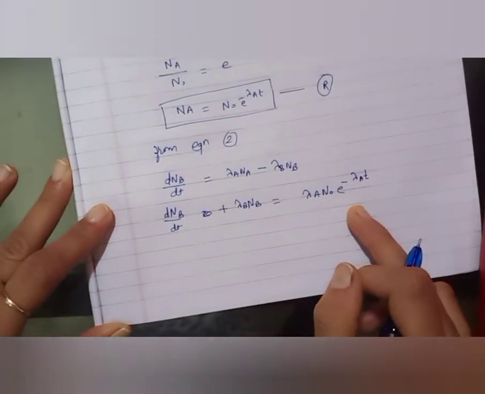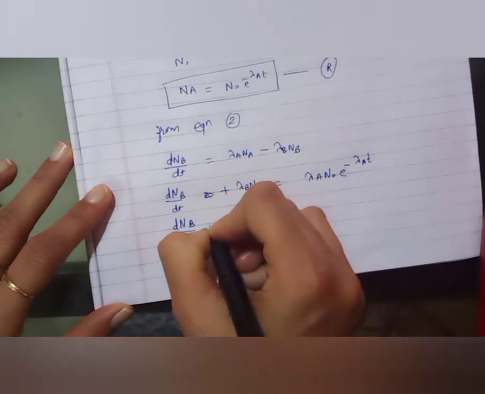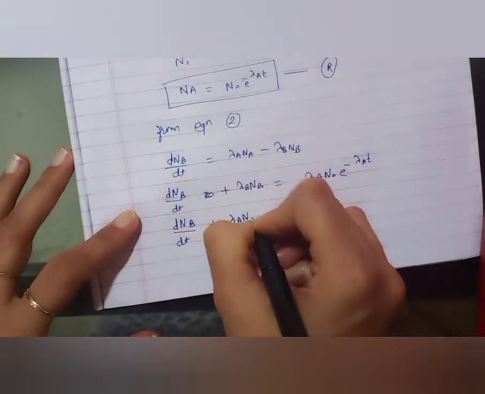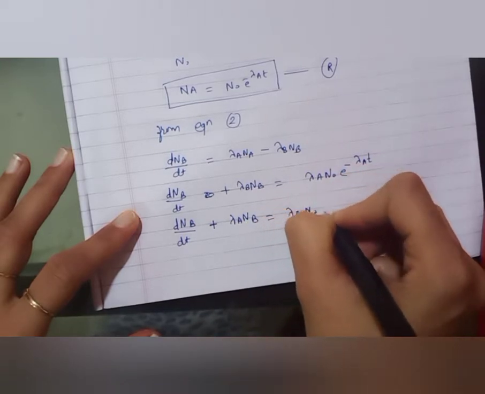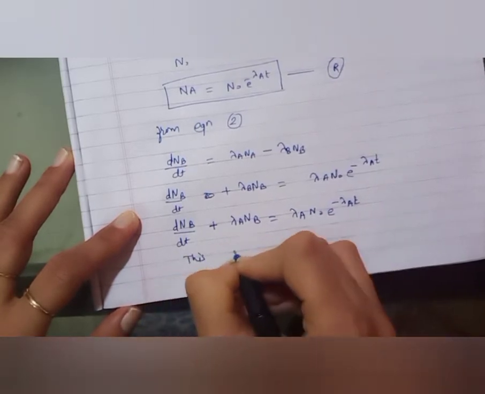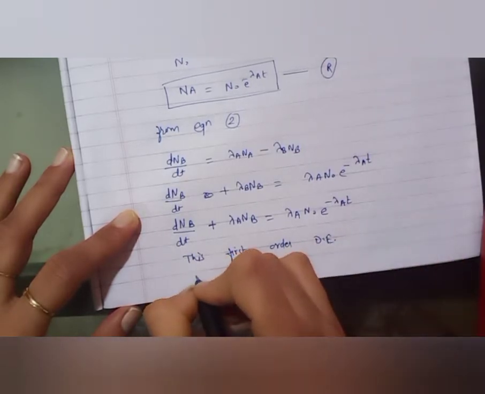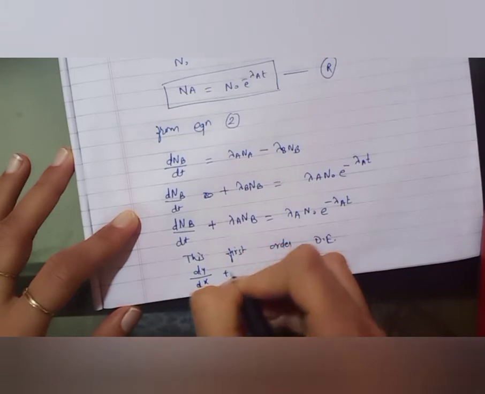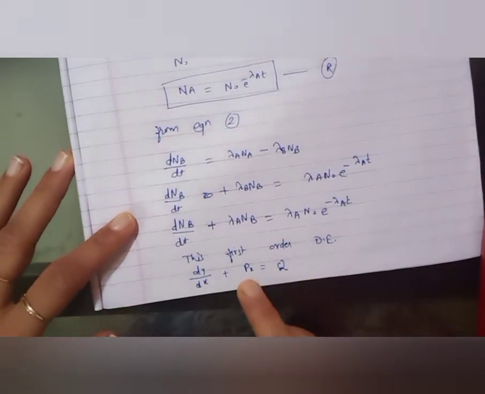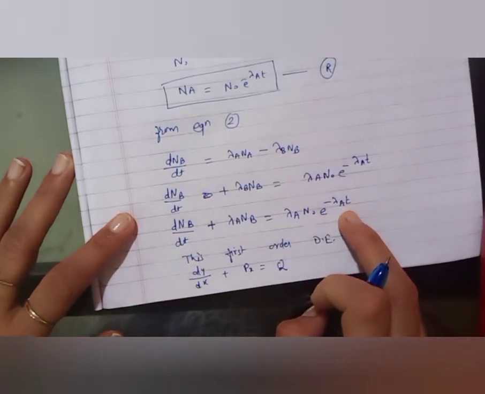So the equation is dNb upon dt plus lambda B Nb equals lambda A N0 e raised to minus lambda A t. This is a first order differential equation of the type dy by dx plus Py equals Q. So here P is lambda B and Q is lambda A N0 e raised to minus lambda A t.